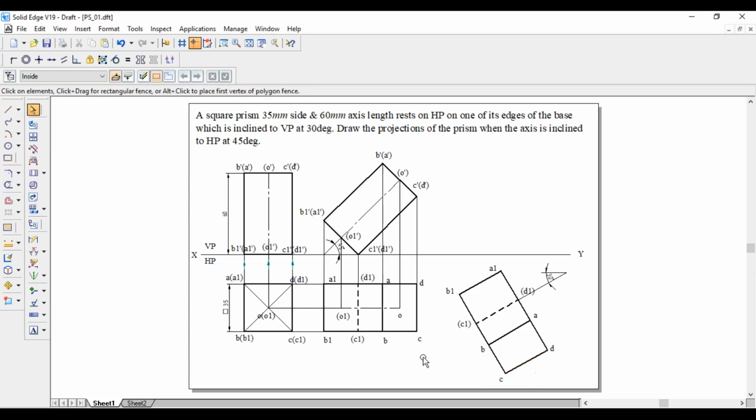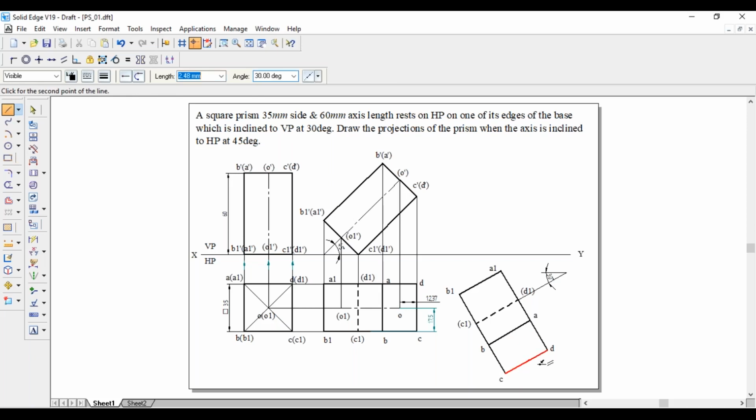So still we have to mark O1 also. To mark O1, it is at the center of this face ABCD and A1 B1 C1 D1. You can measure this one, 12.37, and this side is 17.5. So 17.5 from C. From this one 17.5.